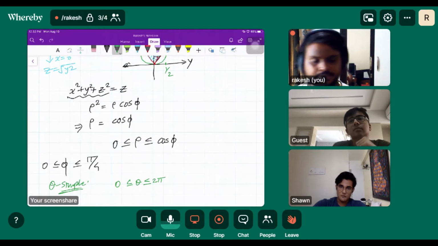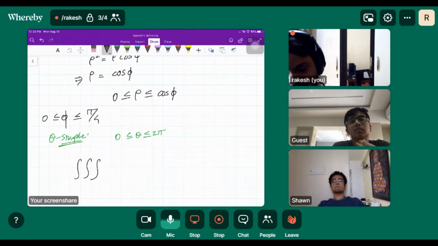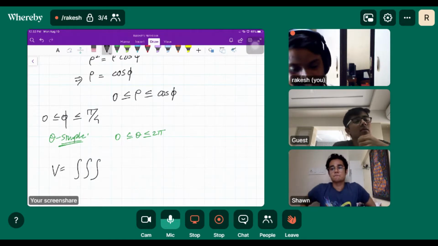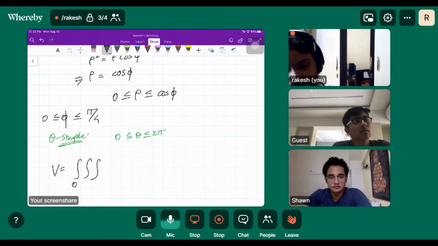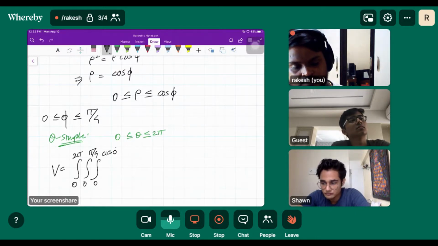Okay. So when we set up the triple integral here, we have to find the volume. So we write V is equal to the integral where theta goes from 0 to 2 pi, phi goes from 0 to pi by 4, and rho goes from 0 to cos phi.